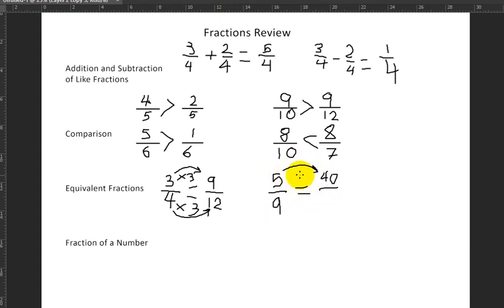What did I multiply 5 with to get 40? I multiplied 5 with 8, which means that I also need to multiply 9 with 8. And by doing 9 times 8, I'm going to get 72. So the equivalent fraction to 5/9 is 40/72.